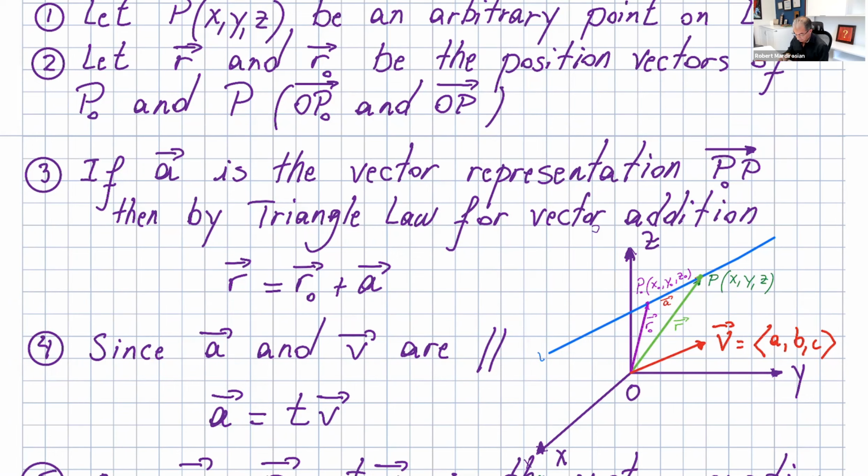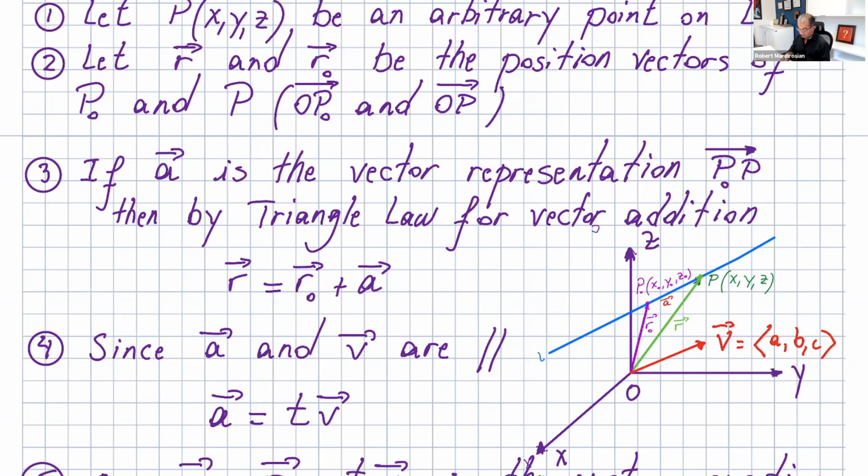We know that this vector r can be written as r0 plus a. And what is vector v that we were talking about? The direction vector v is a position vector, going parallel to the line always, from the origin, and it can just continue. These are the components of that vector: a, b, c.